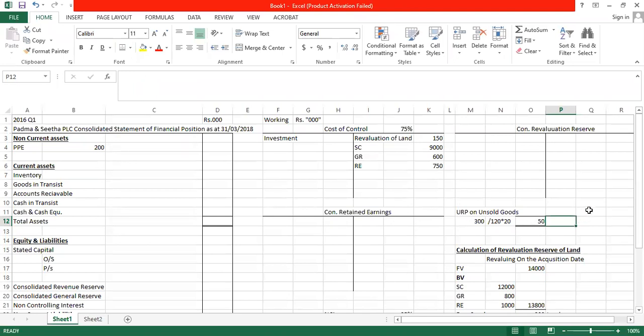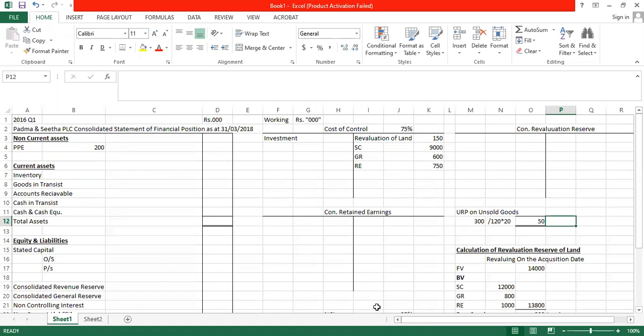So what is the double entry? You have to remove this from the profit of Padma PLC because it was identified by Padma PLC. So you have to remove this from their P&L. Now we are not preparing separate profit and loss accounts for both companies.